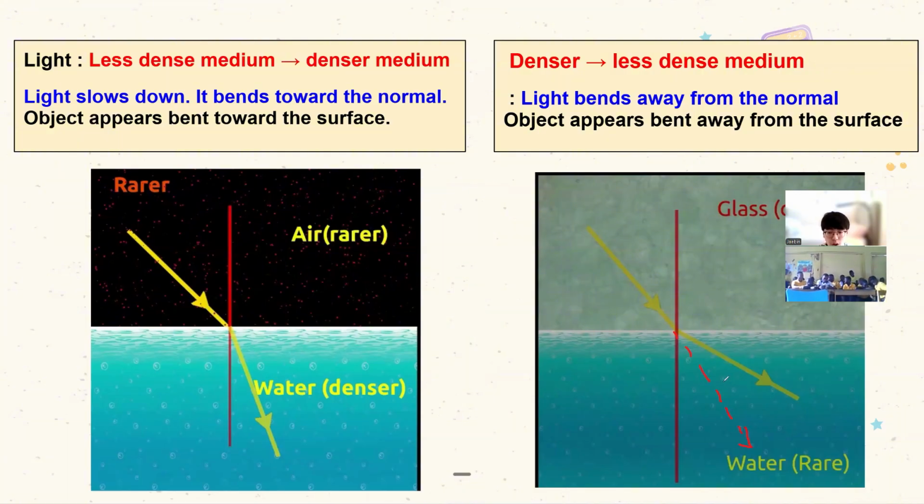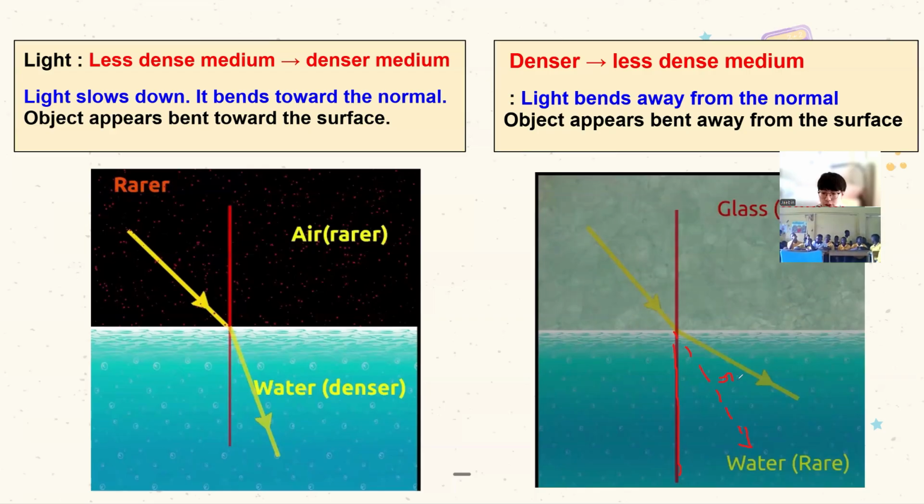But it bends away from the normal line, because the water is less dense than the glass.